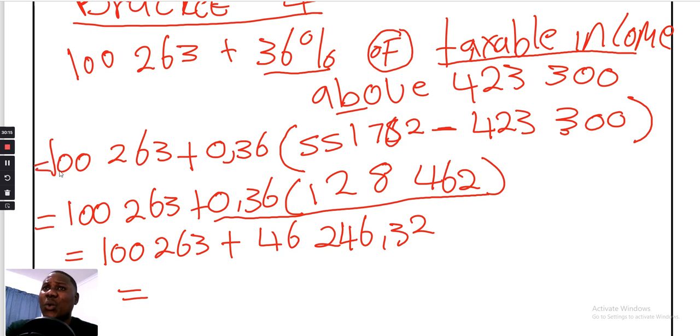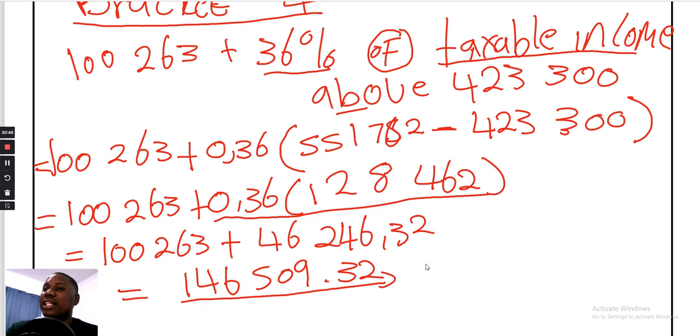No, we can now add these two amounts because this has been simplified or calculated. So we can say 100,263 plus 46,246.32, which then gives us 146,509.32.